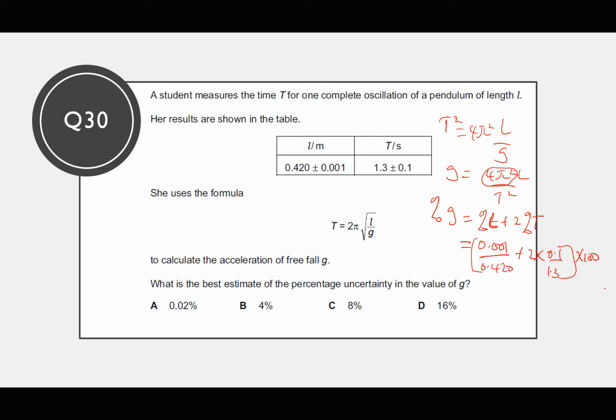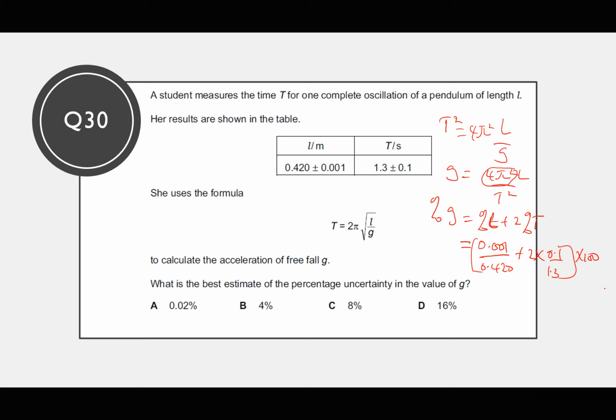So we press the calculator: 0.001 divided by 0.420 plus, open brackets, 2 times 0.1 divided by 1.3, then times 100.